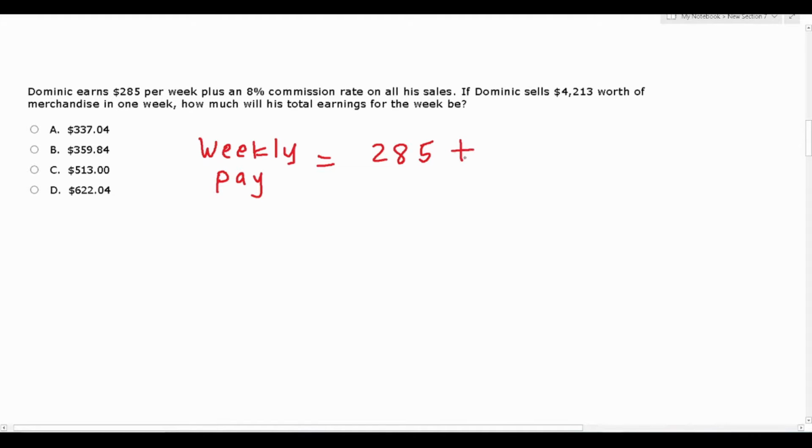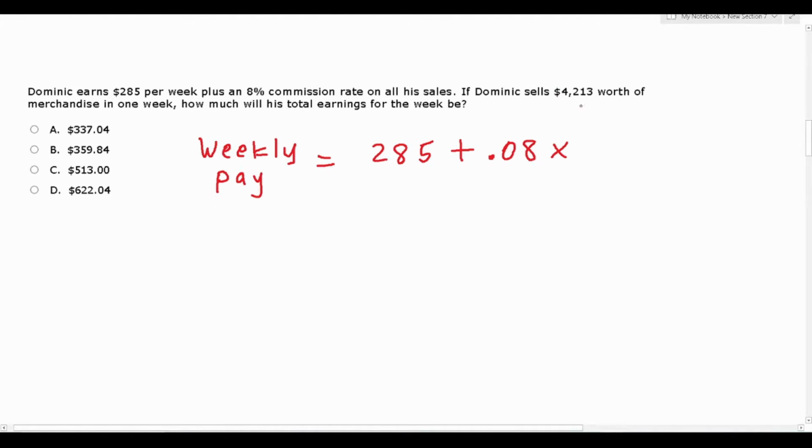And then we're told he gets an additional commission rate of 8% on all of his sales. So I'm going to represent this 8% in decimal form, which is going to be 0.08. And I'm going to represent how much he sells with the variable x. So by figuring what 285 plus 0.08x is, we'll know what his weekly pay is.